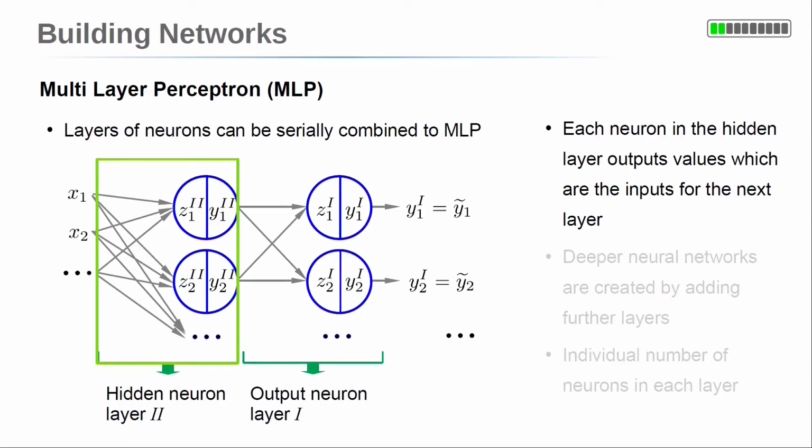Such a neural network structure is called a multi-layer perceptron, or MLP. In our example on the left side, the model input X is processed in the left-handed neuron layer by its parameters and activation functions. This layer is called a hidden layer because it doesn't give back the model results. Instead, the output of a hidden layer is used as input for the next layer.